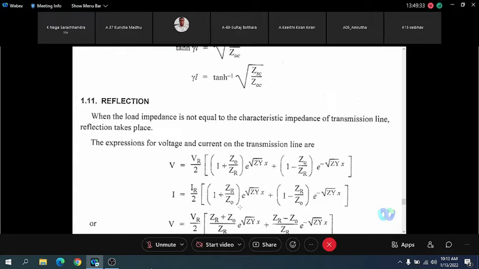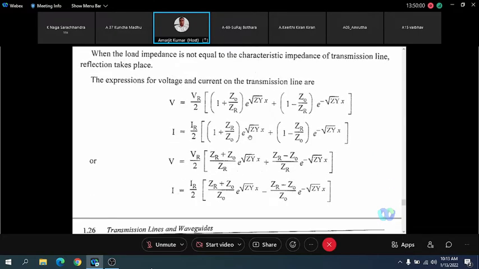What will be the reflection? So reflection at the receiving end will be 0. But if the load impedance is not equal to the characteristic impedance, then what will happen? There will be some reflection. And how is the reflection given?